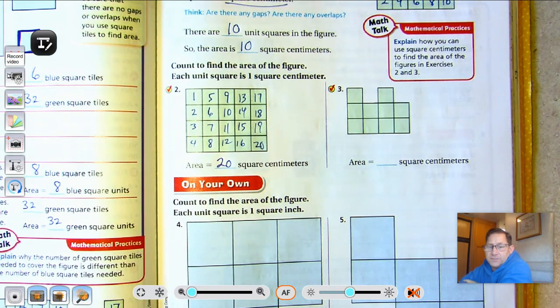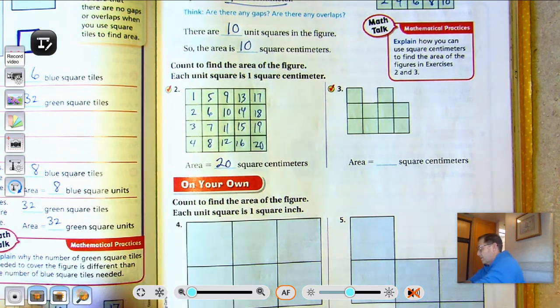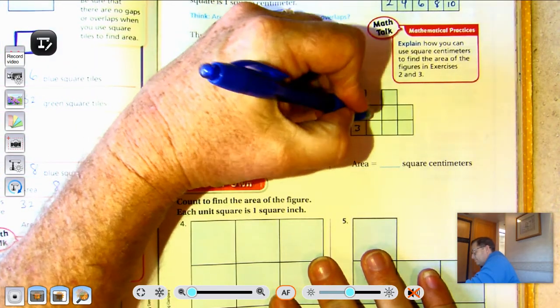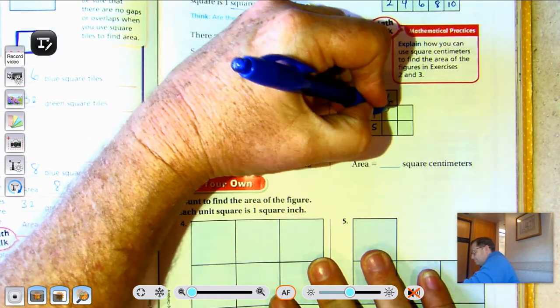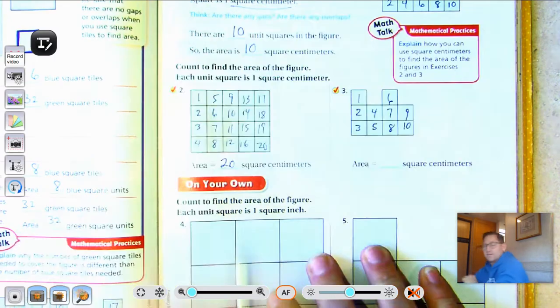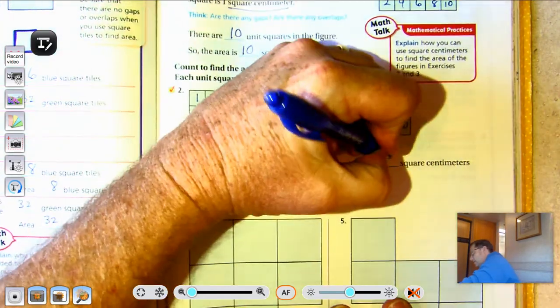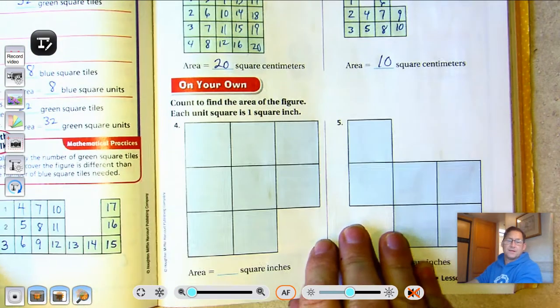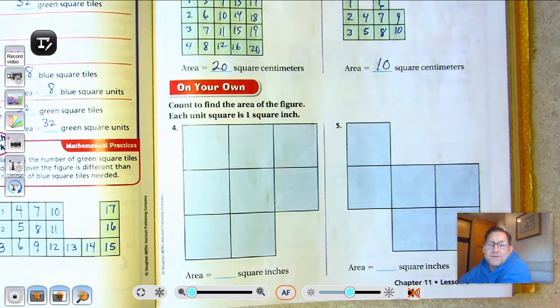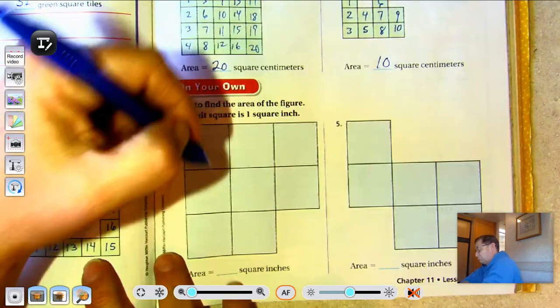Number 3, just number all the squares again. Okay, I have 10 square centimeters. Number 4, count to find the area of the figure. Each unit square is 1 square inch.